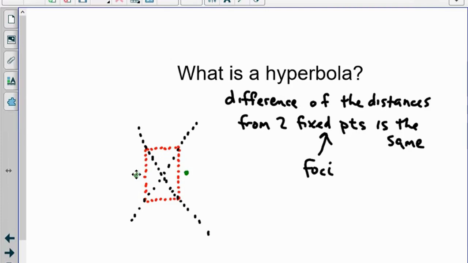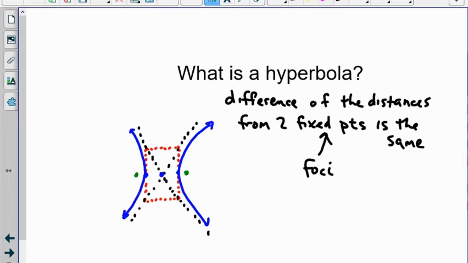And so what we need to do then, after we do that, is find these things that kind of look like parabolas, and they start at the box in a certain direction, and then they follow these dotted lines.